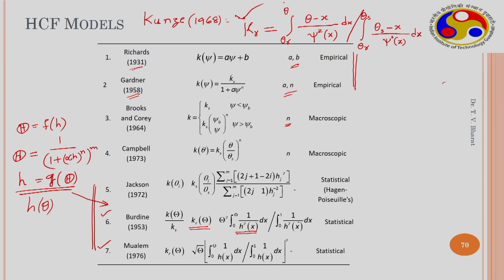So this is the expression used by Fredlund to combine with the Fredlund and Xing SWCC model for the prediction of relative hydraulic conductivity.